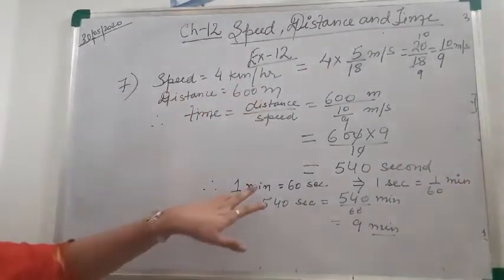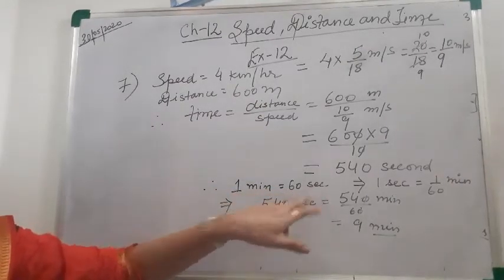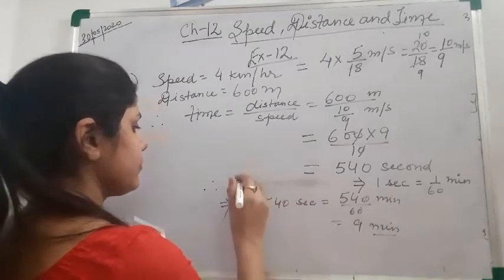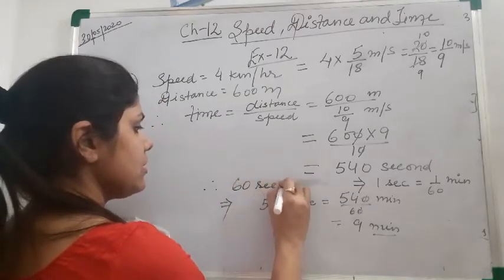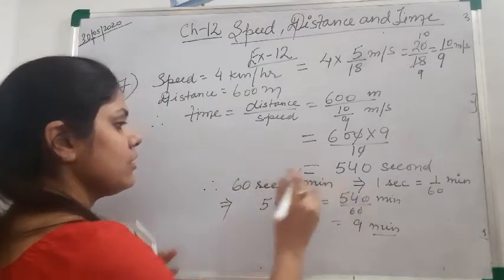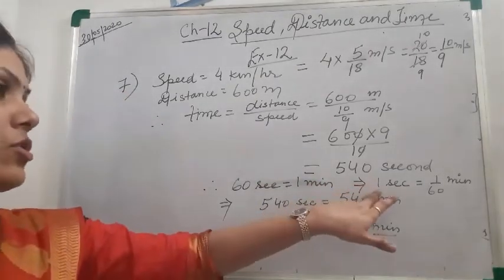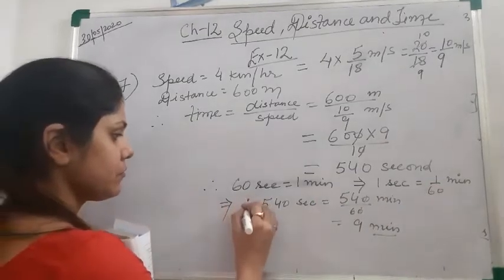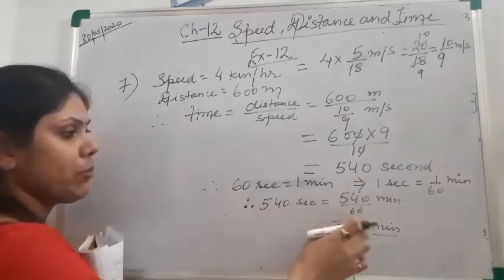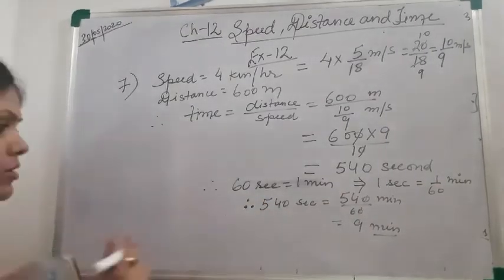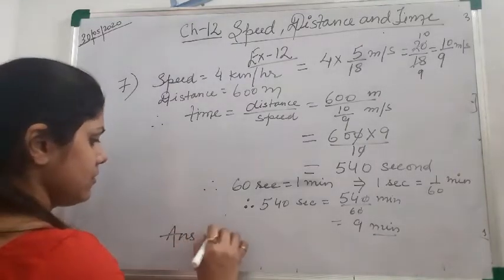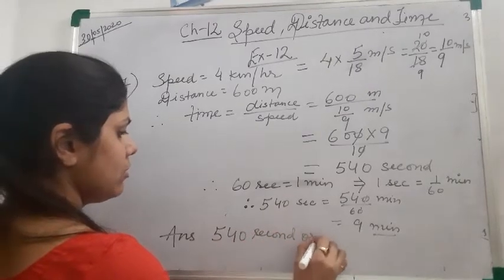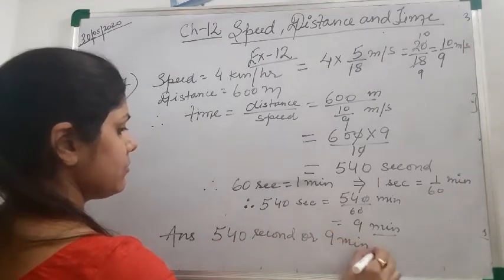See, 1 minute is equals to 60 second. Okay, or you can write 60 second is equals to 1 minute. You know, 60 second is equals to 1 minute, isn't it? Therefore, 1 second is equals to 1 upon 60 minute. So 540 second is equals to 540 upon 60 minutes. So answer will be 9 minutes. So answer 540 second or 9 minute.